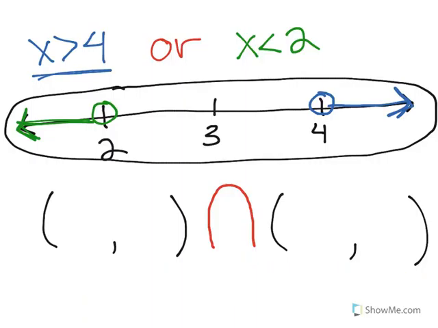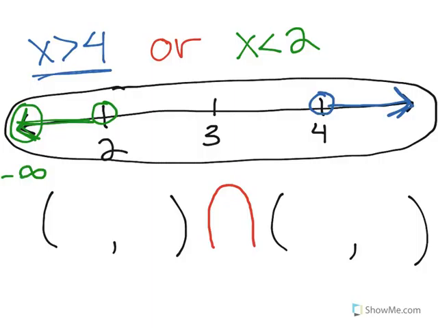If we look on our number line, the green inequality is the one that shows up on the left. That's going to end up transforming into our left interval. This says that x is less than 2. If we look at this arrow here, it is going off in the direction of negative infinity.